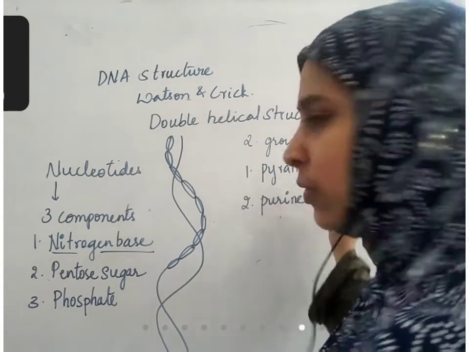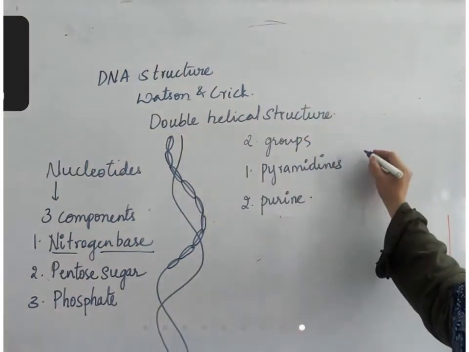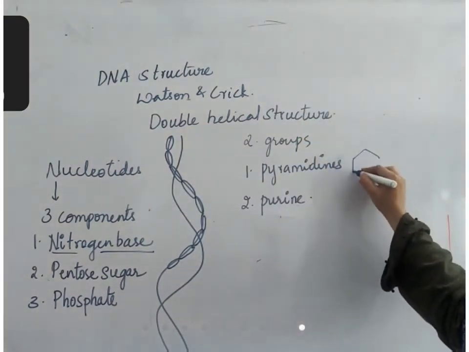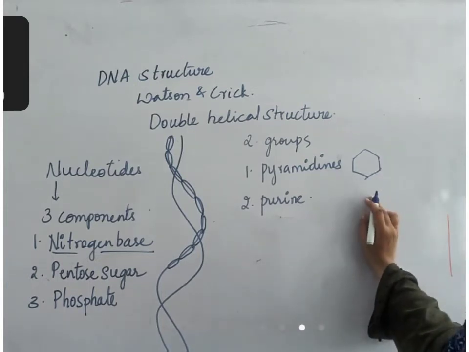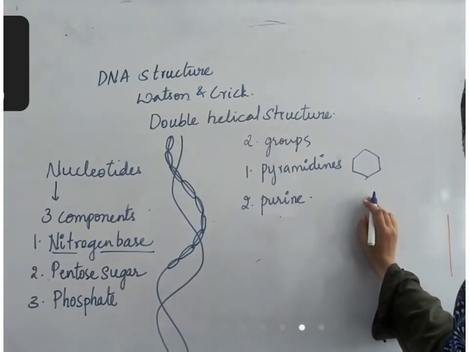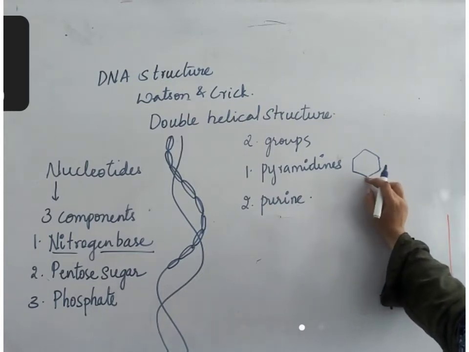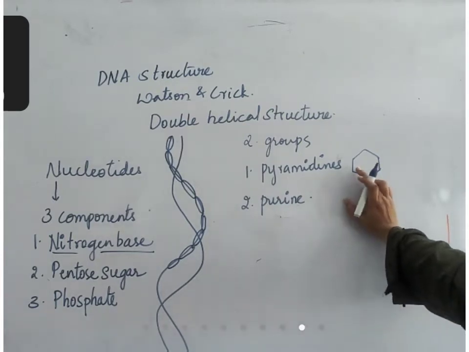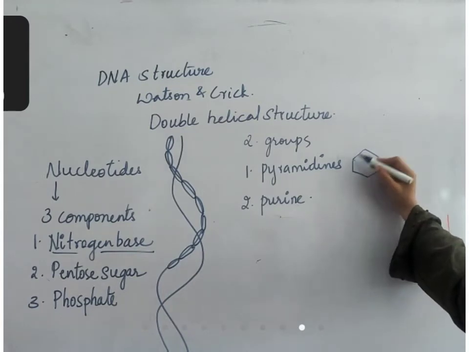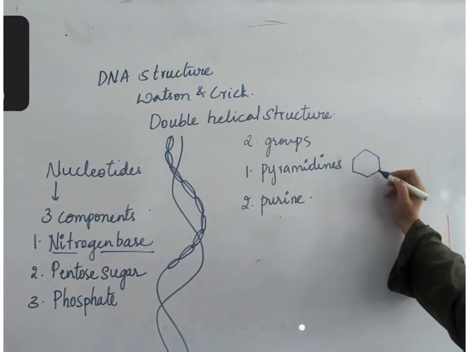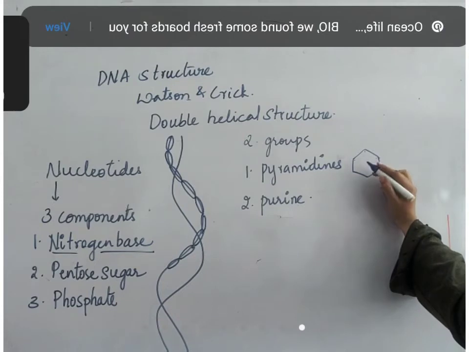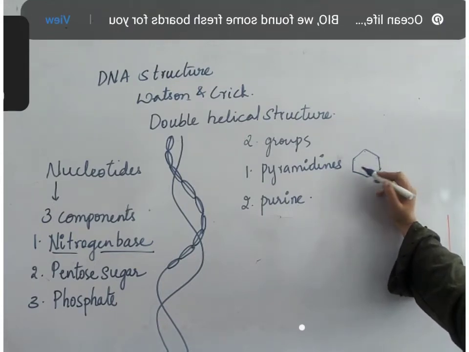The difference between purine and pyrimidine is that pyrimidine structure is made up of only a 6-carbon ring. You might have studied ring structures in carbon compounds. So in this ring structure, how many carbons are there? 1, 2, 3, 1, 2, 3, 4, 5, 6.